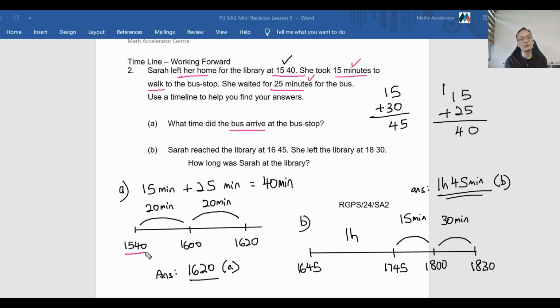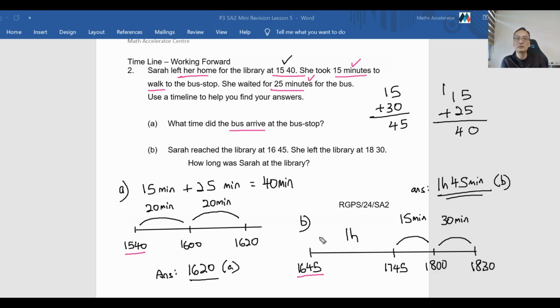So we have a starting time here, so we are able to work forward to get the answer and calculate at what time did the bus arrive at the bus stop. Part B, we also were given the starting time when she reached the library. All right, she reached the library at 16:45, and we are also given the end time. So from here we can work out.